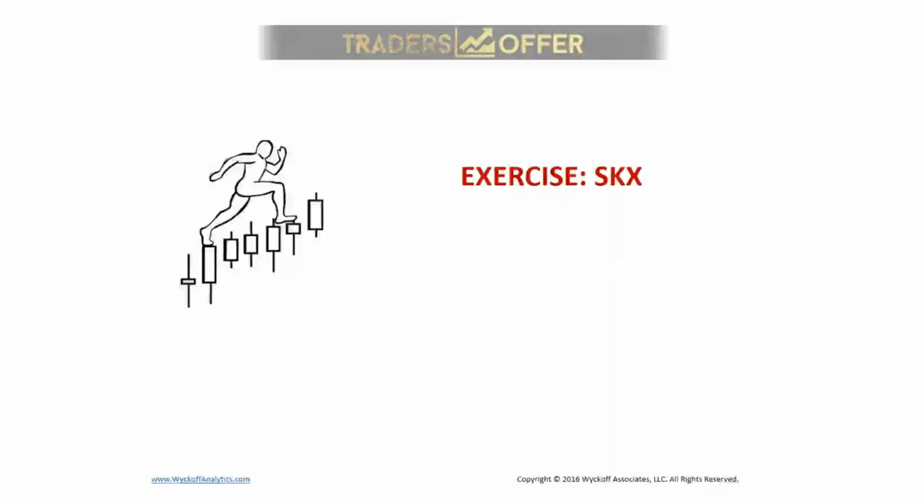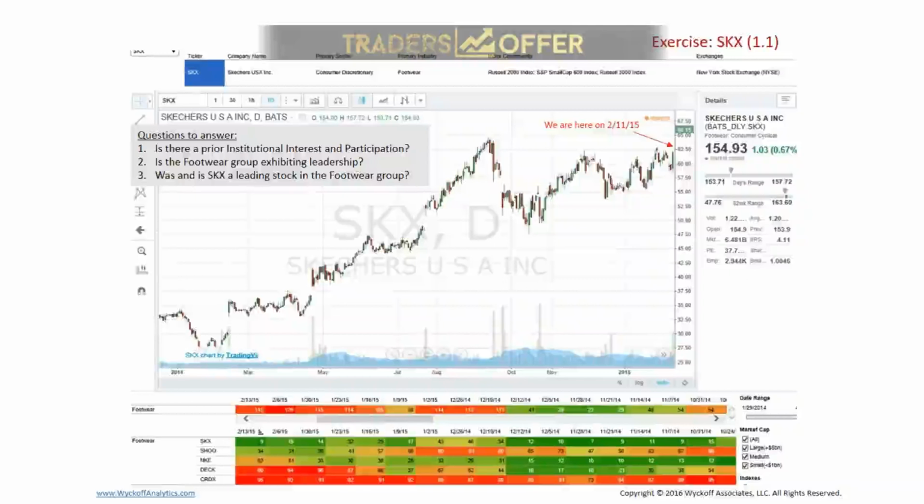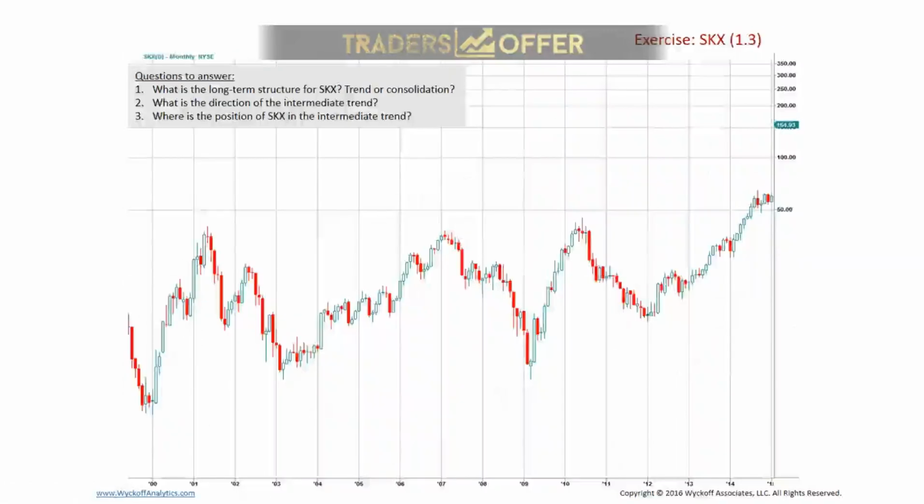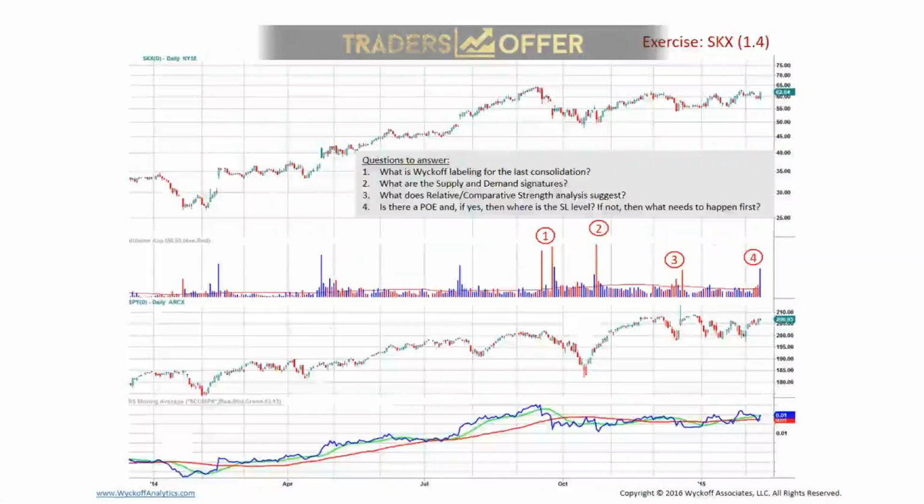And we're going to do this. The exercise that I have here is on sketches, and this is the exercise where we are discussing the trading range that we had here. We are discussing what the peers are doing. We are discussing also the long-term structure and the trend. We are discussing the comparative analysis right here and the volume analysis as well.